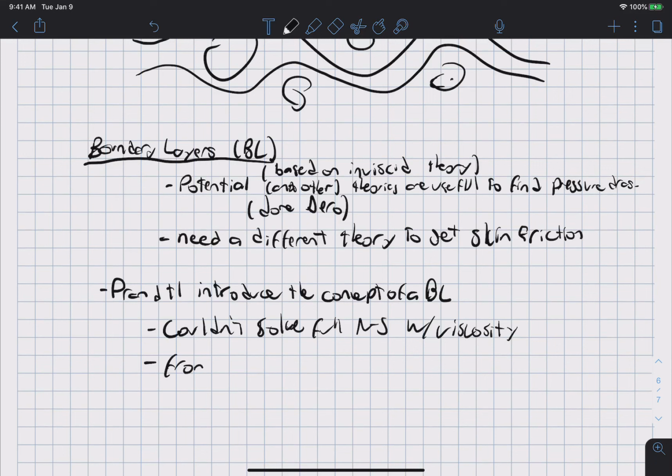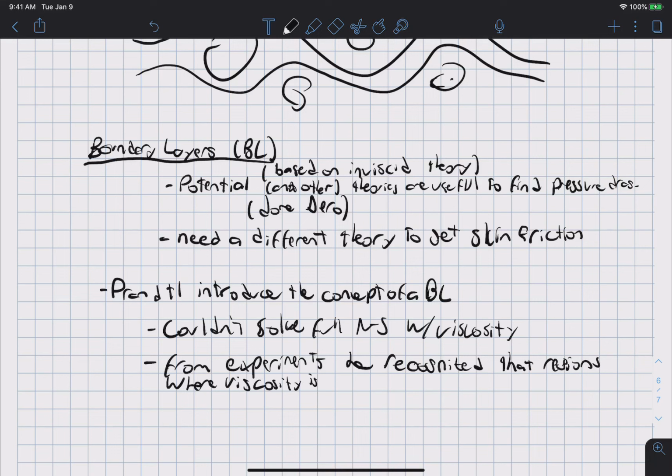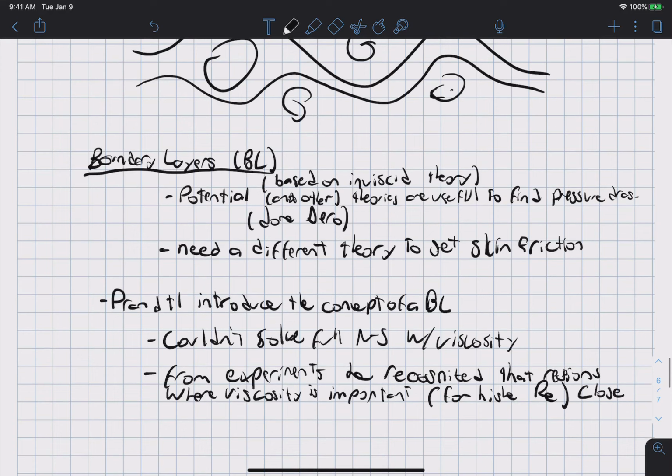From experiments, he recognized that the regions where viscosity is important, again, this is for high Re flows, is just close to the object. So the only region where viscosity is important is close to the object.